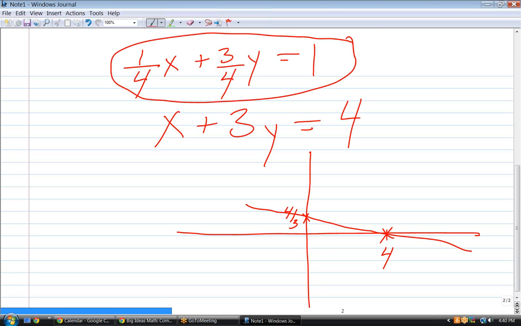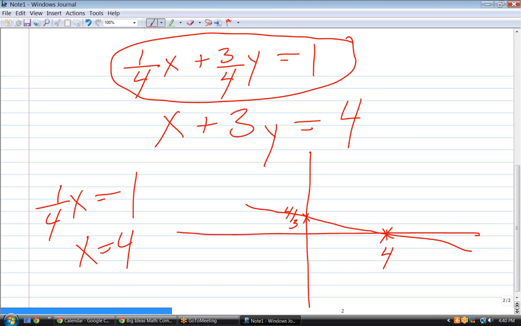Yes, it's a little harder to come up with just because you have to deal in fractions. In other words, if you start with the original equation, you have to solve this, which means multiplying both sides by 4. So you still come up with the x-intercept of 4.